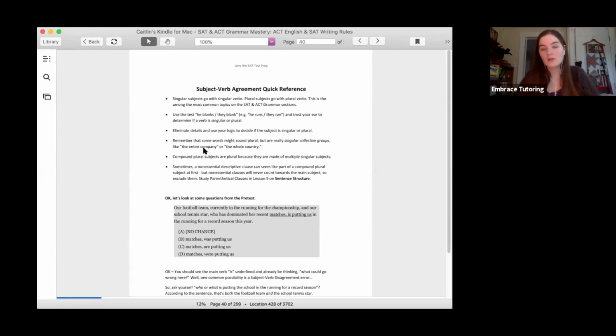Make sure that the noun or pronoun form and the verb form match, so that they are both singular or both plural.